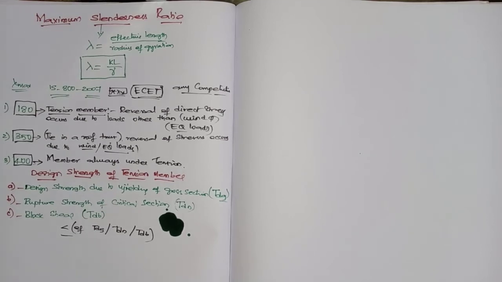Okay. Next, we'll see how these values are obtained, this TDG value, TDN value. From the code book, around page number, wait a minute, I'm seeing.